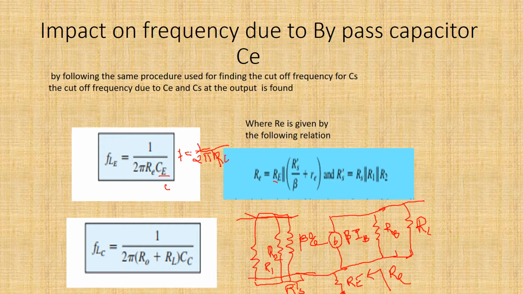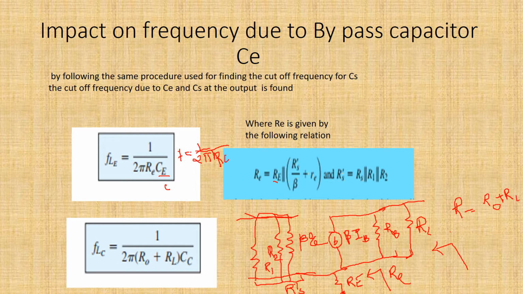So what we do is take the output side here and try to find out what the load is. So R is nothing but R0 plus RL.